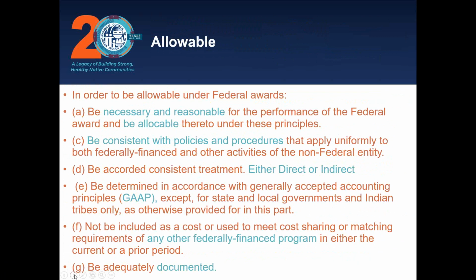It has to be consistent with the policies and procedures in general of your organization and with the federal government. It can be only put into direct or indirect. You cannot put into both. It has to be part of the generally accepted accounting principles. And also, if you're going to be using them to do some matching with other programs, you cannot do that.